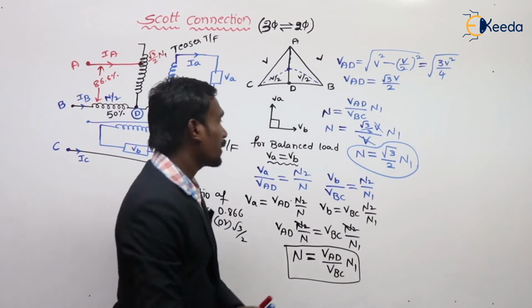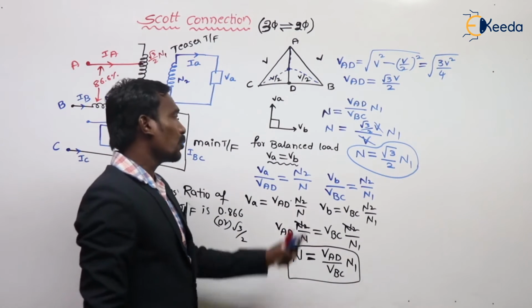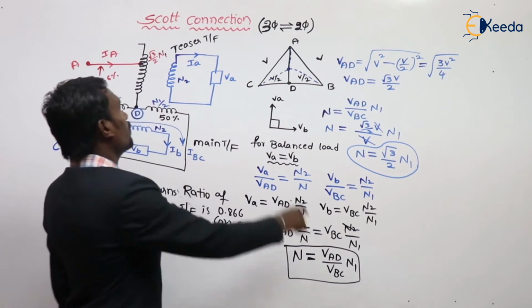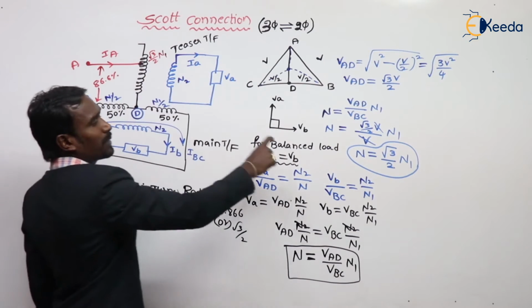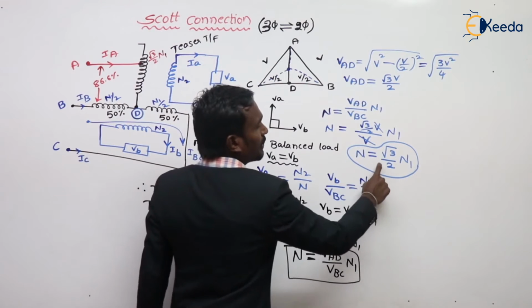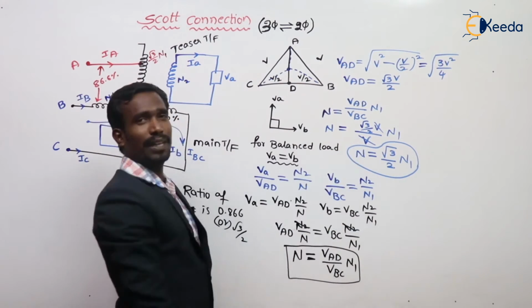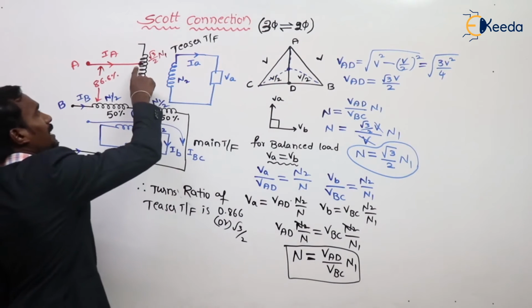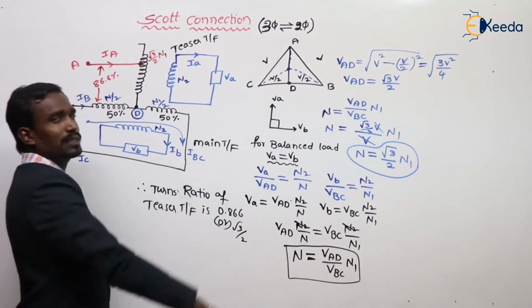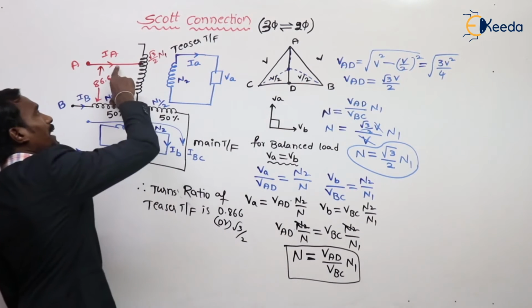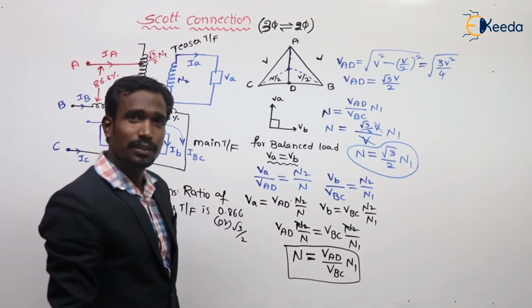And to get the balanced load, the number of turns on the teaser transformer's primary is equal to root 3 by 2 times of N1. Nothing but this is tapped up to 86.6% only.